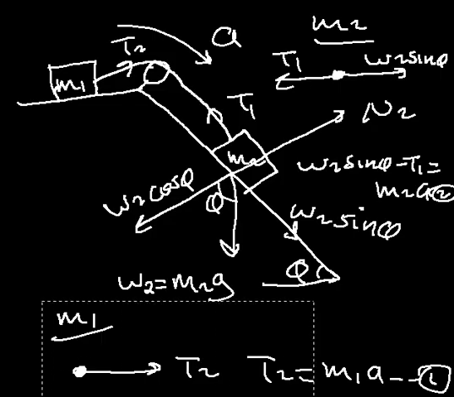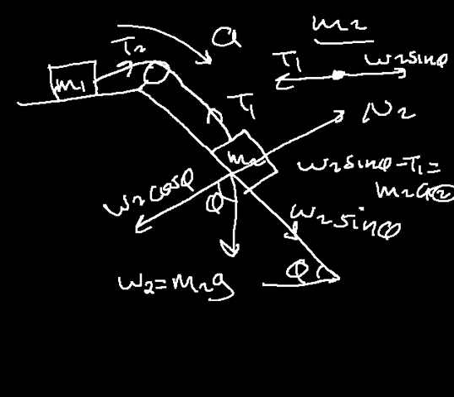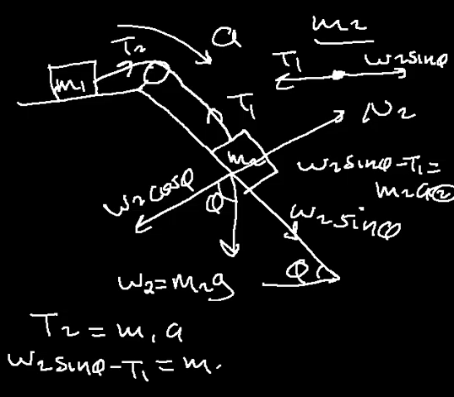And from there, we have to add the two equations. We have T2 equal to mass 1 times acceleration, then W2 sin theta minus T1 equal to mass 2 times acceleration.